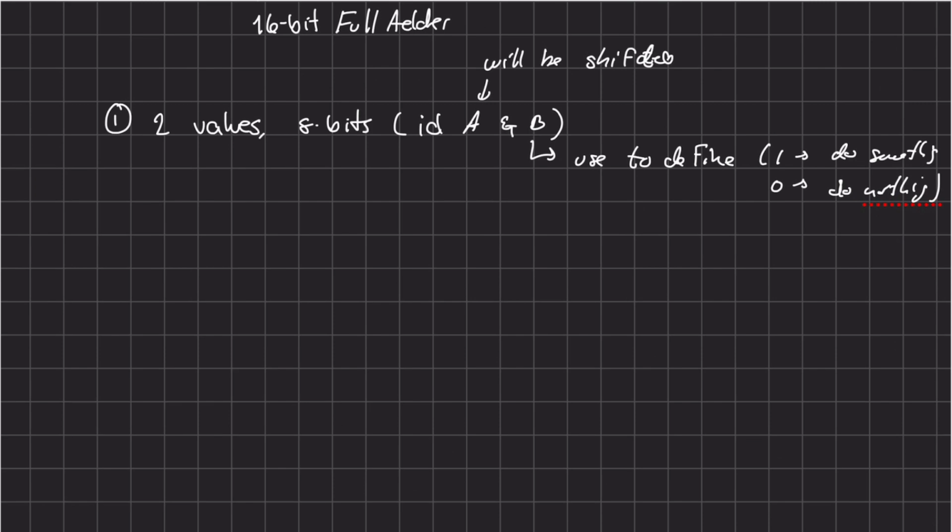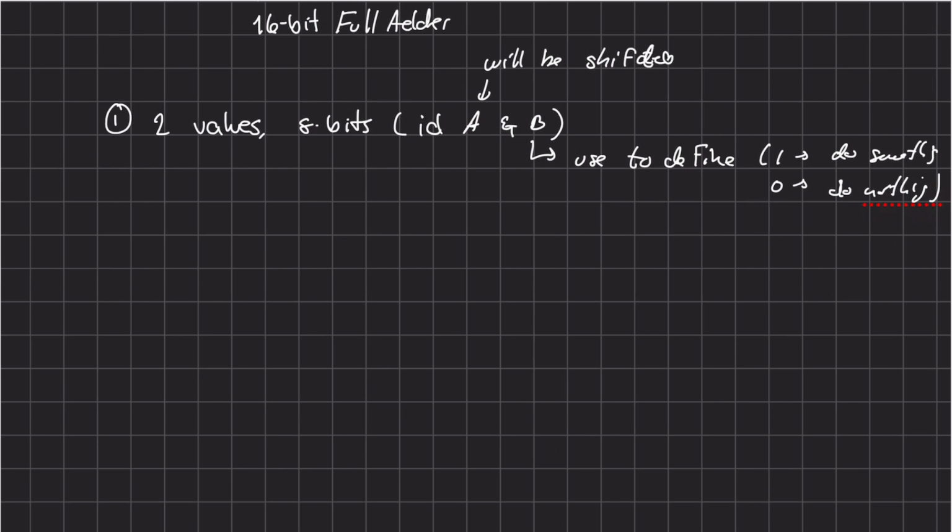Okay, so the first step, like I said, is to receive two values. Each of them will be 8 bits, and one of those values I will shift, and the B value that I'm currently looking at.